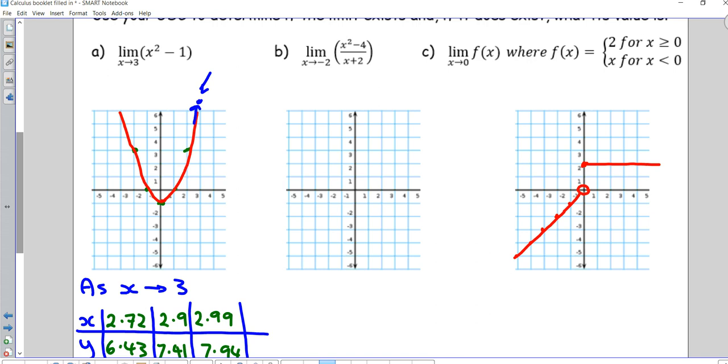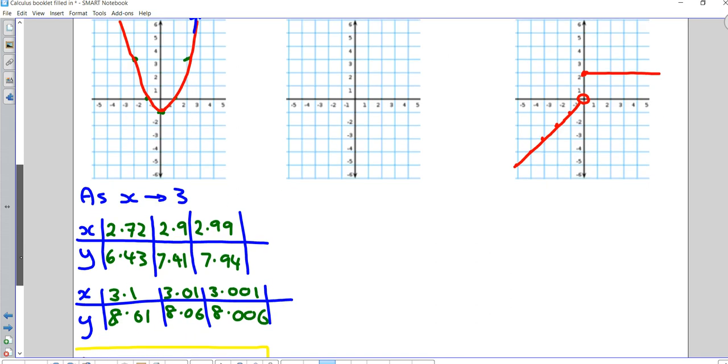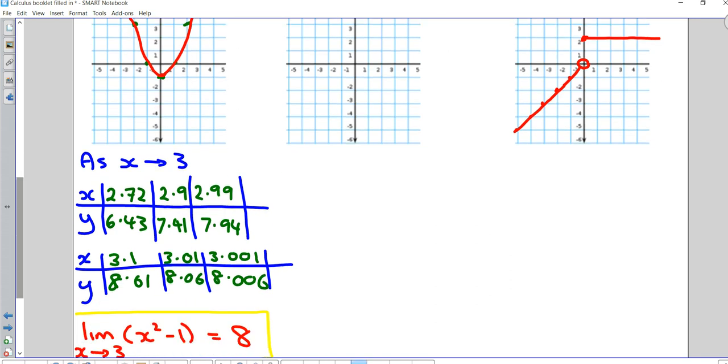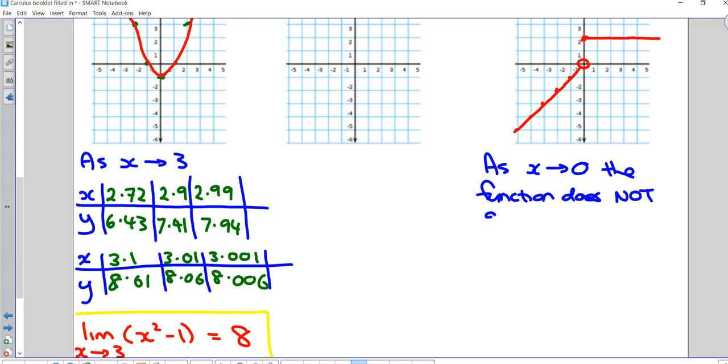So as x approaches 0, using that funny notation, the function does not approach a fixed value, because the function is meant to be this thing overall.